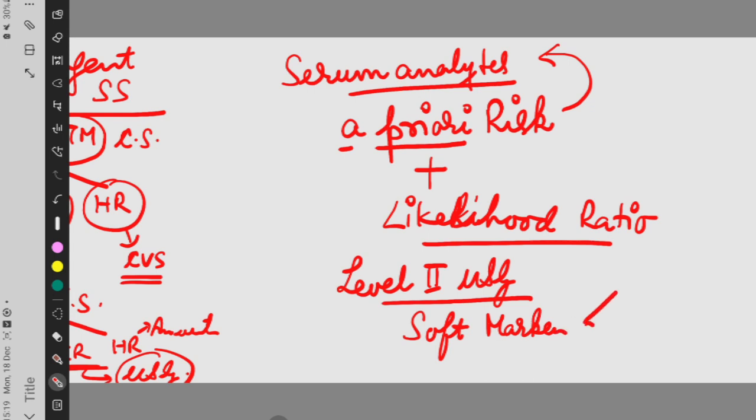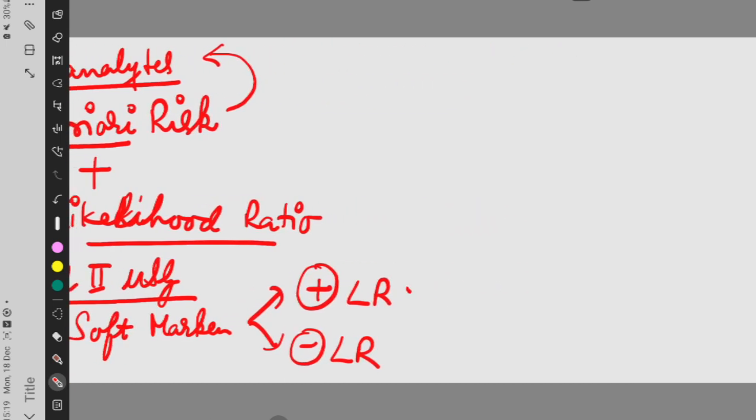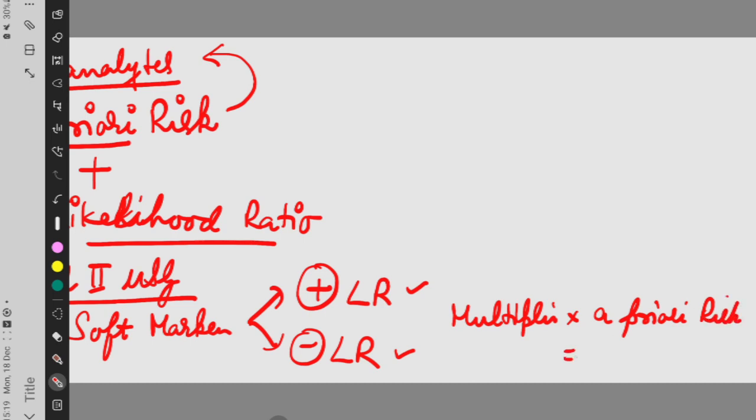Each soft marker has a positive likelihood ratio and a negative likelihood ratio. So each positive likelihood ratio and negative likelihood ratio has to be multiplied with the a priori risk to get the final risk. So this is very important.